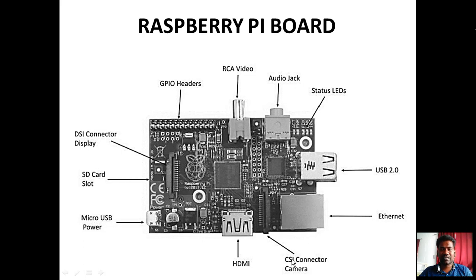Separately, it has one micro USB power supply slot, an HDMI connector, and also LEDs. In a small computer, whatever peripherals are needed, all the connected ports and peripherals are available on a Raspberry Pi board.